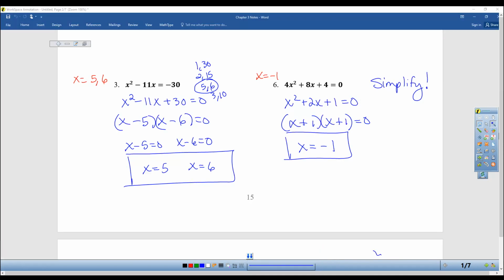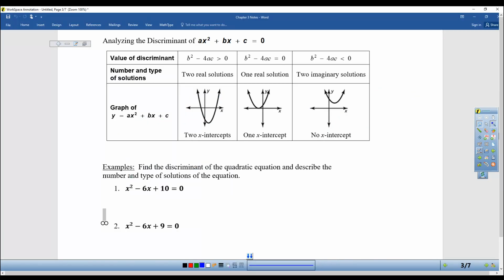So somebody took this concept a little bit further and named that inside portion the discriminant. So x is equal to the opposite of b plus or minus the square root of b squared minus 4ac, all over 2a. This part right here, that inside, not the square root, just the b squared minus 4ac, that part right there is called the discriminant.